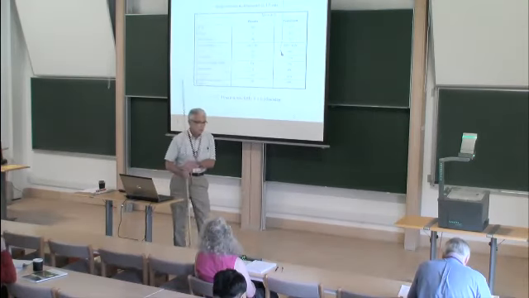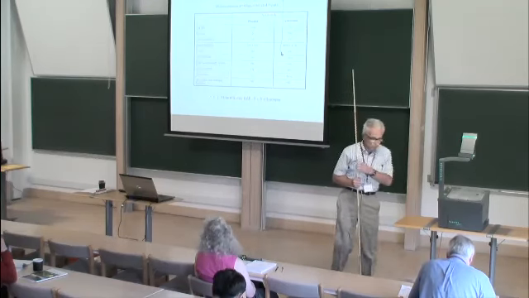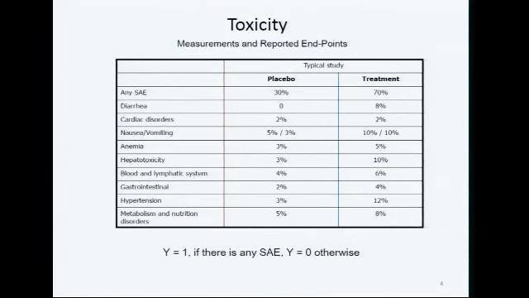Now, that was about efficacy. As for toxicity, it's probably even more difficult, because there are so many different types of toxicity, and usually people do not report anything quantitative. They say yes or no, you are vomiting or you are not, you are sleeping or you do not sleep, or whatever.